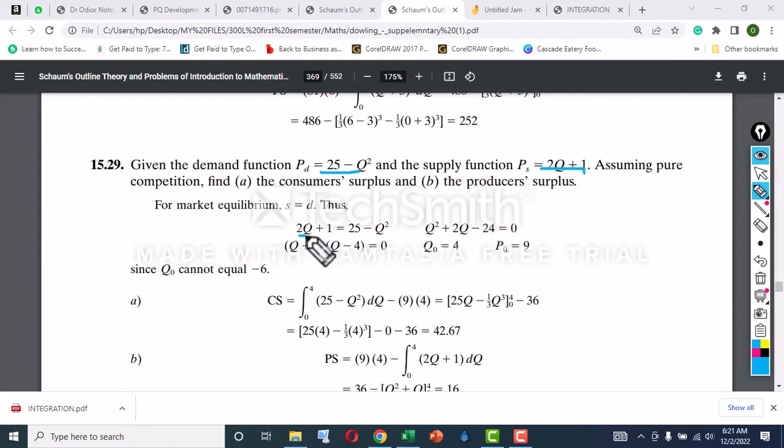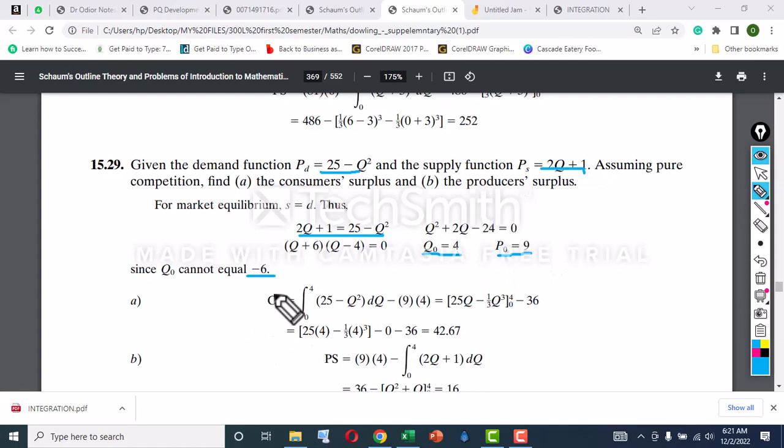By the time you equate, you'll be able to get your Q and your P. So our Q here is 4, our P is 9. You do all those quadratic stuff. Although Q will give you two answers, since Q cannot be negative, you just leave that one. So equilibrium quantity is 4, equilibrium price is 9.